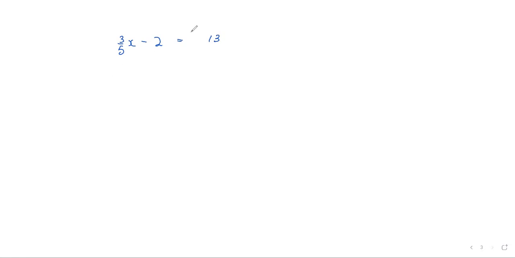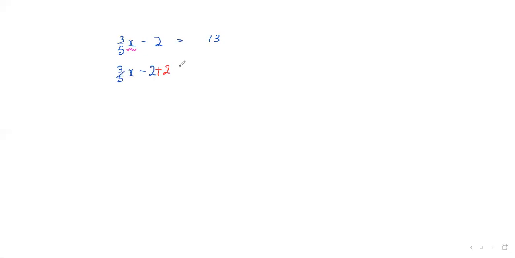So we are challenged to look for the unknown here, which is x. But now it's 3/5 x minus 2. We need to first get rid of this negative 2. We will write 3/5 x minus 2. The additive inverse of negative 2 is positive 2.